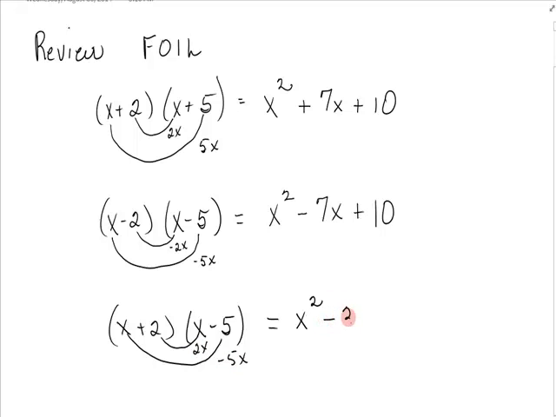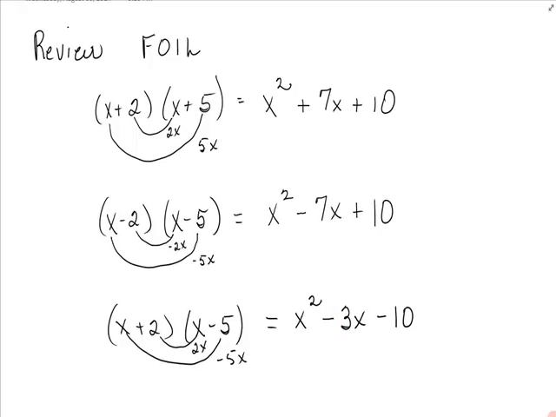So I will subtract for minus 3x. Then the product of the last, plus 2 times minus 5, is minus 10. When I got a negative last term, one of these is plus, one of these is minus, and at least for starting, the larger one carries the sign of the middle term.